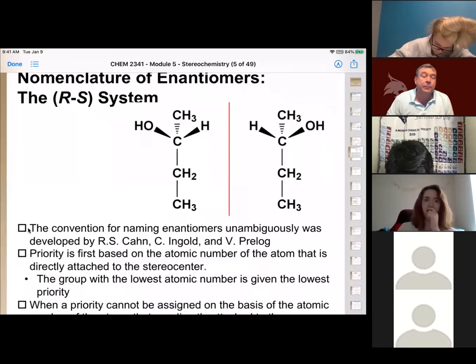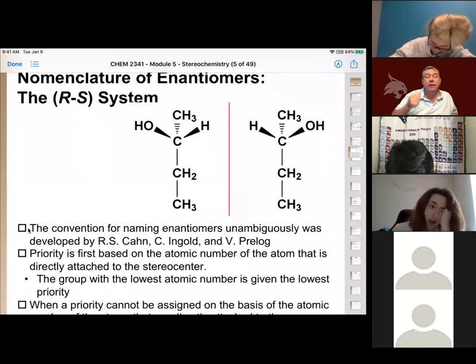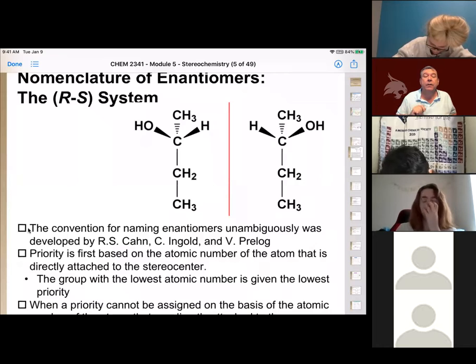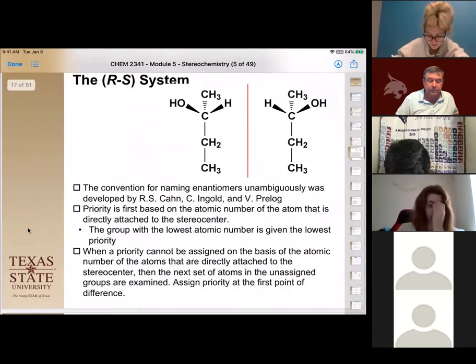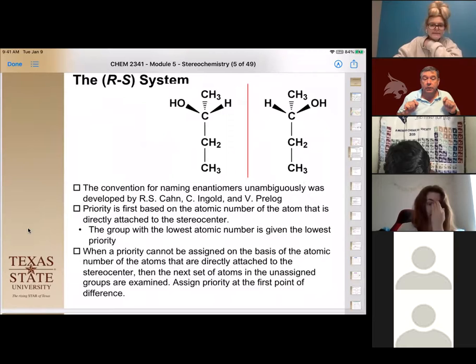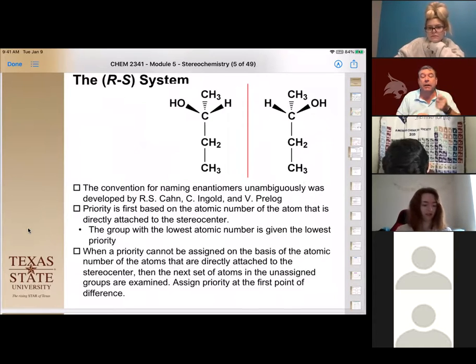The highest atomic number has our highest priority, and the lowest atomic number has our lowest priority. So if you have 4 different groups attached and they all have different atomic numbers, you're done. You only have to use rule 1. If you can assign the system using just the first rule, then you are done at that point, and you can start assigning whether it's R or S.